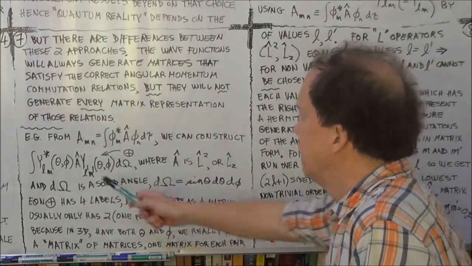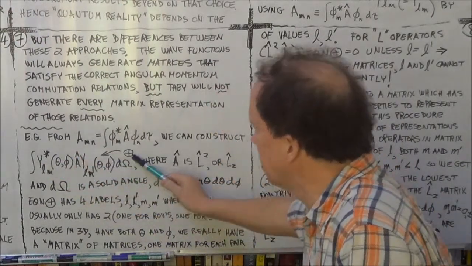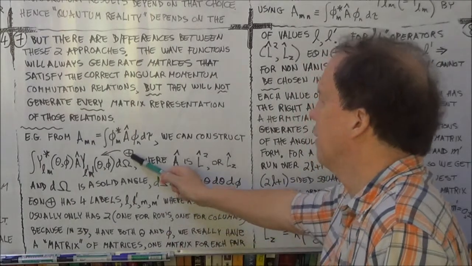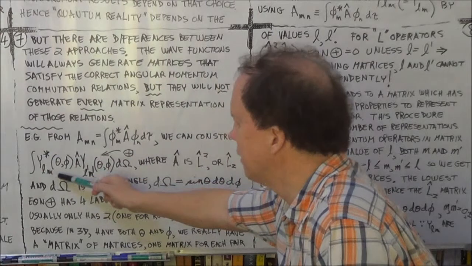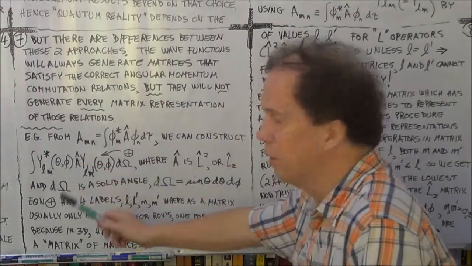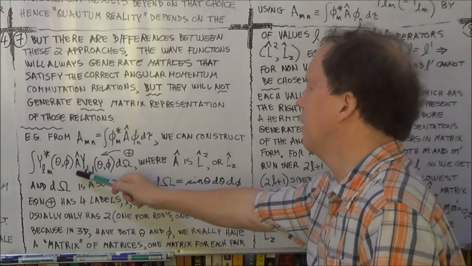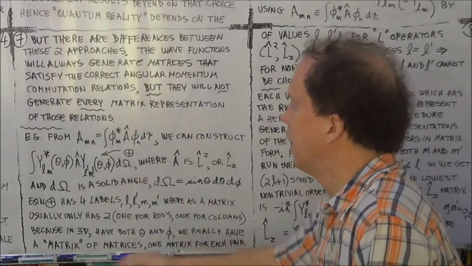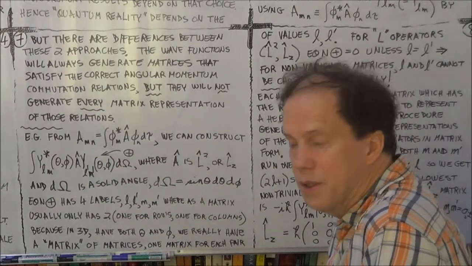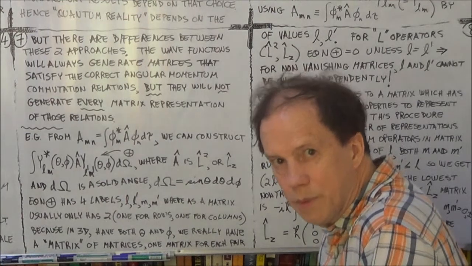So here, for example, I've written out this integral, and I've called it plus circle. It's just this. Here's your spherical harmonic, conjugated, the usual thing for an integral, and here's your operator A. Let's assume this operator A hat in this context is one of your angular momentum operators, because that is what this whole chapter is about.